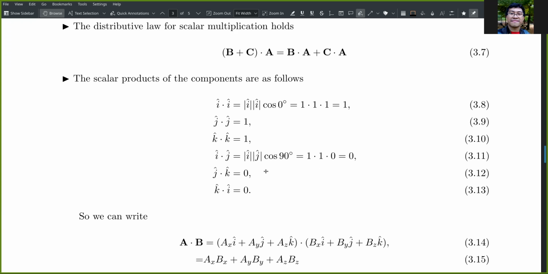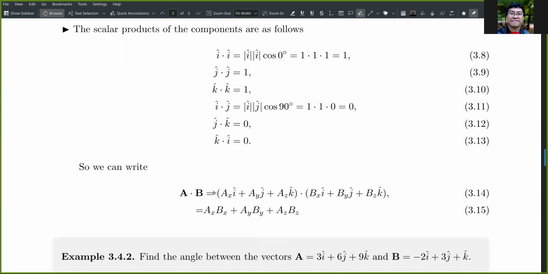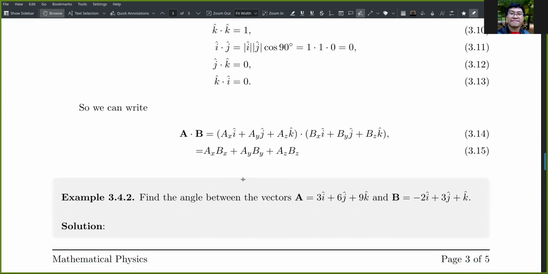So j dot k is 0, k dot i is 0. Therefore, if we write a dot b in terms of components, you can distribute the terms: axi dot bxi is axbx, but axi dot byj is 0, and axi dot bzk is also 0. So we only have these three surviving terms.